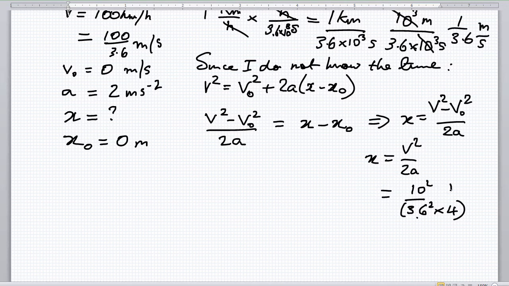V squared is meters squared seconds to the minus 2, and I'm dividing by meters per second squared, meters seconds to the minus 2. Seconds to the minus 2 go away. The meters here cancel with that square, left with meters. That gives me the right number, right?